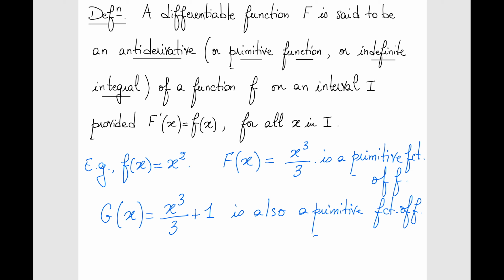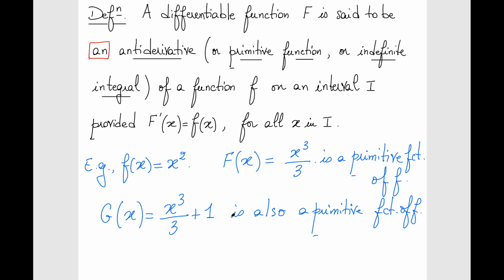All right? And I hope now you understand why in the definition we said an antiderivative, because an antiderivative, when it exists, is not unique. Look, I have two here. And in fact, you have infinitely many. Whatever constant you throw in instead of 1 is going to do the job as well.